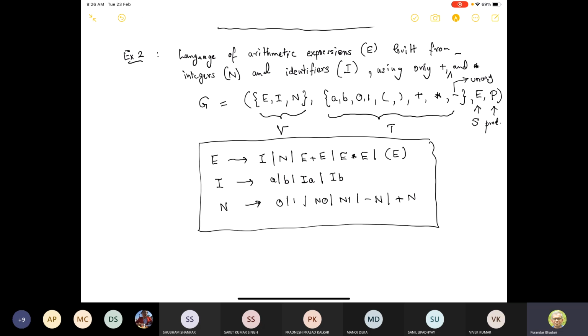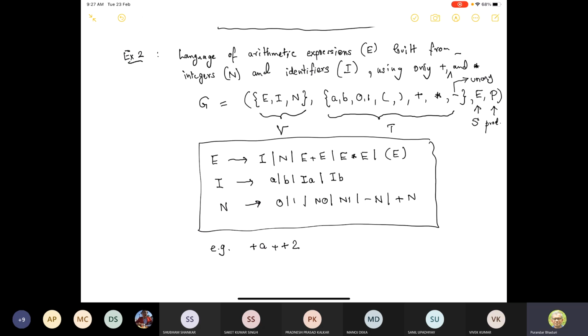Of course, this grammar is a bit strange because you can get weird expressions like plus a plus 2, right?